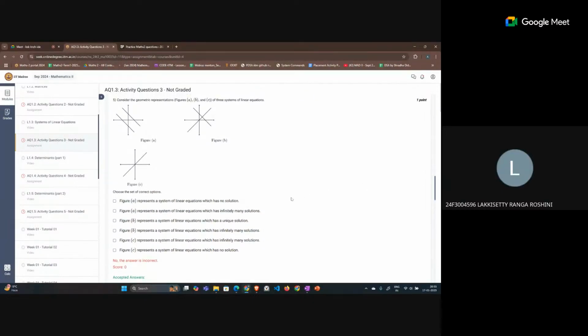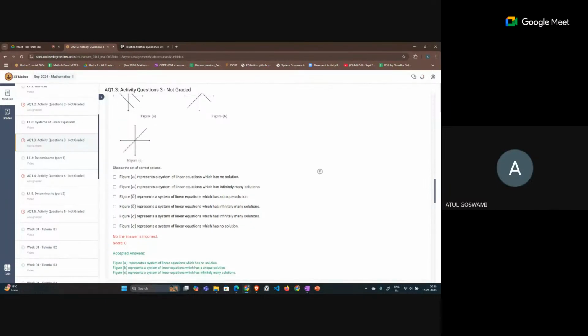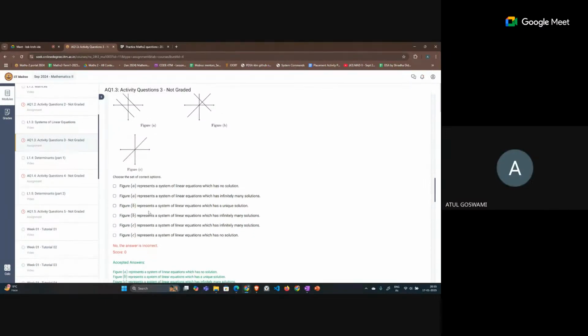Sir, actually figure C. I just have a doubt in figure C. So this is just one line. I mean, whichever option you have a doubt in, why this option is correct and why this option is wrong, I will tell you.